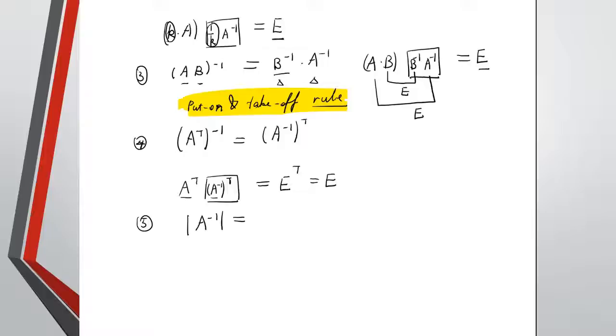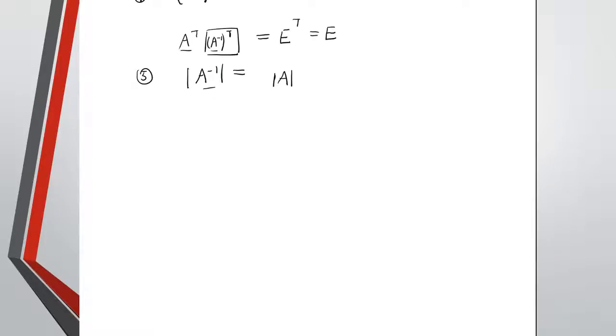Is there any relationship between this guy and the determinant of the original matrix A? Let's look at this. For example, if we have this A and B, we understand that A is the inverse of B, B is the inverse of A. So when they multiply together, they're going to give us E, of course.